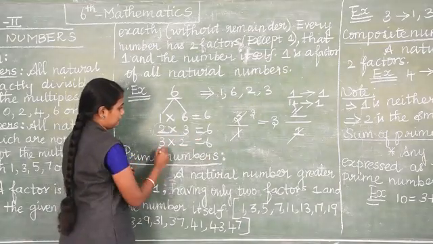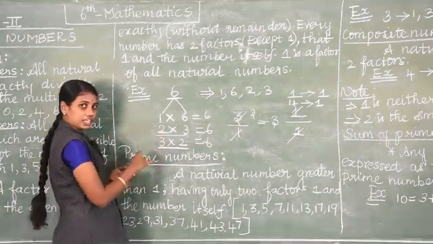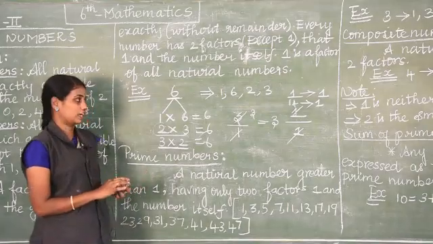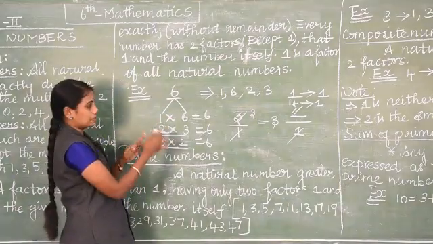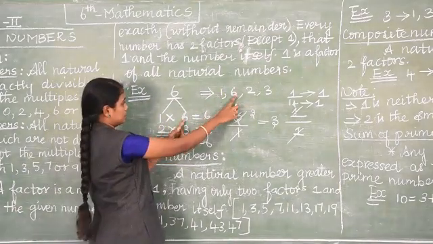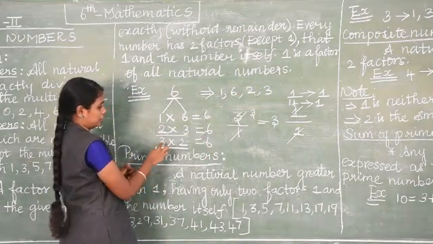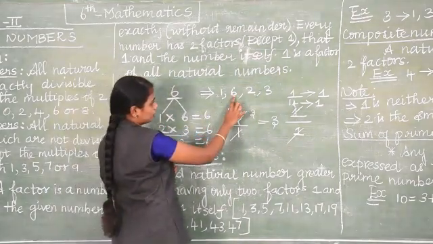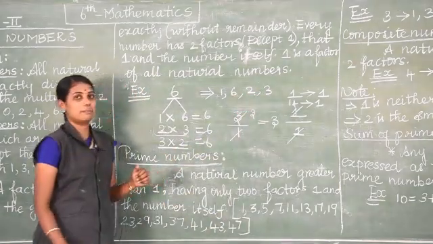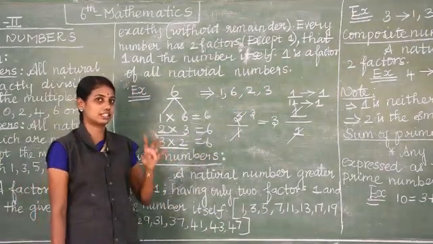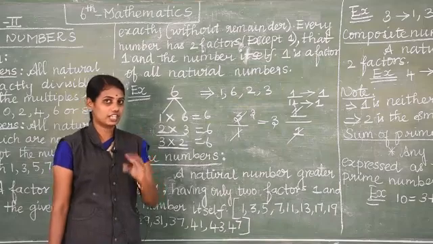The same numbers, only the order changed, so you can stop. Now write the factors without repeating: 1, 6, 2, 3. So the number 6 has how many factors? 4 factors.